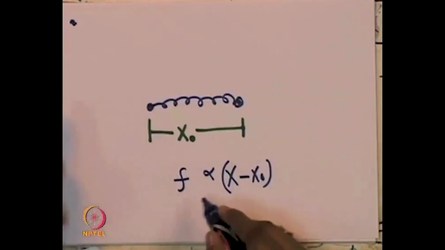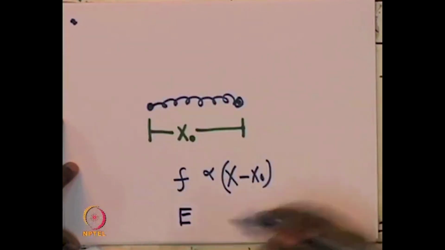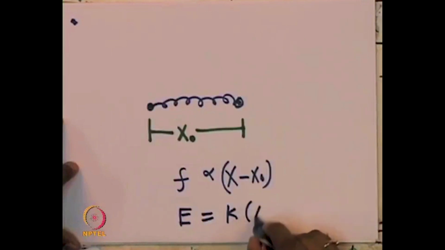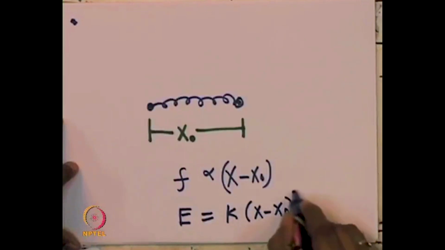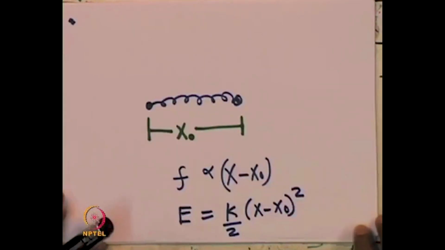The energy for such a spring is proportional to x minus x0 square, so it is half k times x minus x0 whole square. This is the energy of a spring.